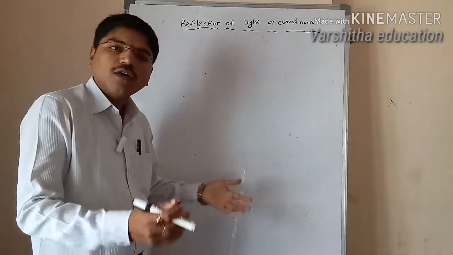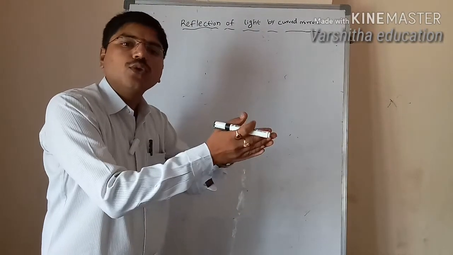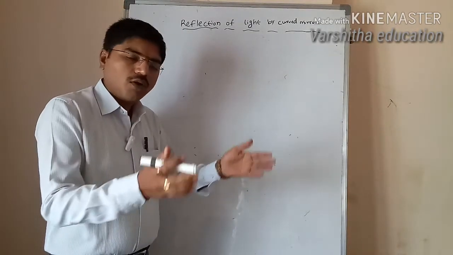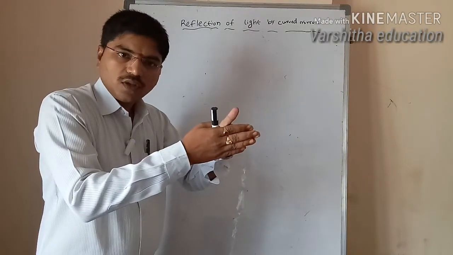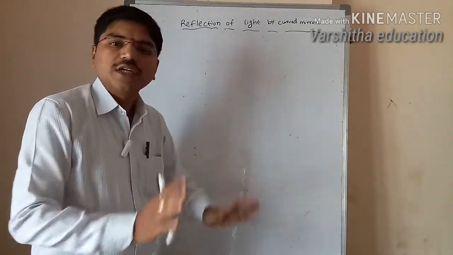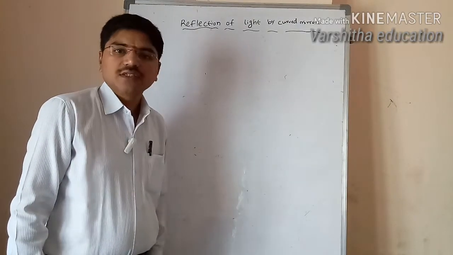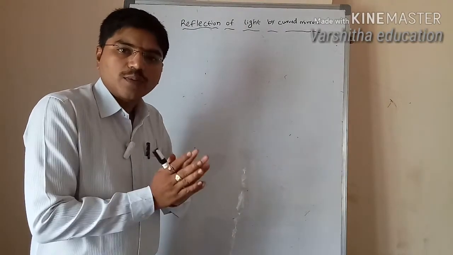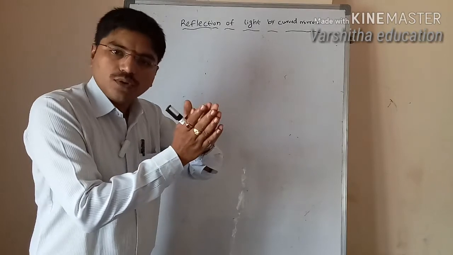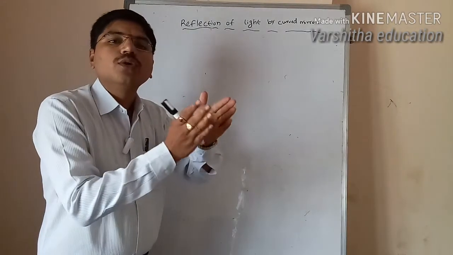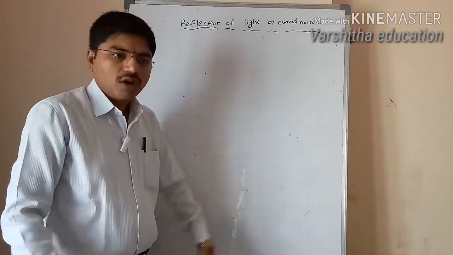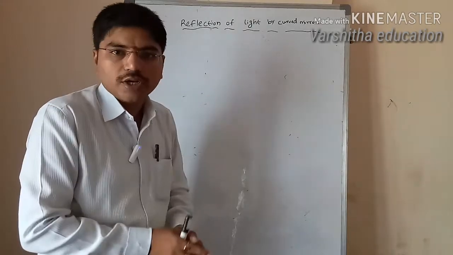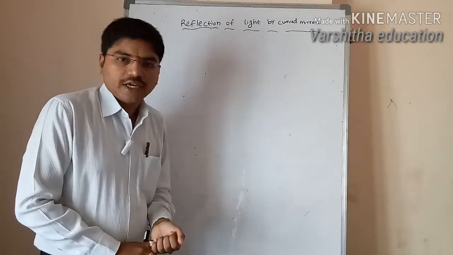Convergent is when all rays of light come closer together. Different rays coming closer is convergent. Divergent is when, after reflection, all rays diverge, meaning they go in all directions. They do not come closer or to one point, and they have no specific direction. That is called divergent.